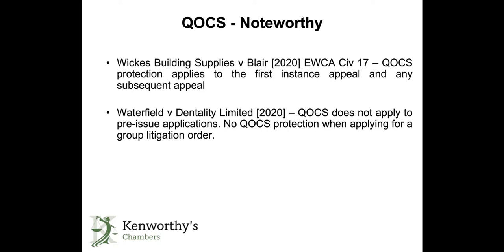It's a case that really determines that QOCS protection continues to apply to the appeal process, both first instance and subsequent appeal. We previously had some authority in Parker and Butler dealing with this particular point, but it is useful to get to the Court of Appeal to determine that particular point. So we now have Wickes Building Supplies and Blair.